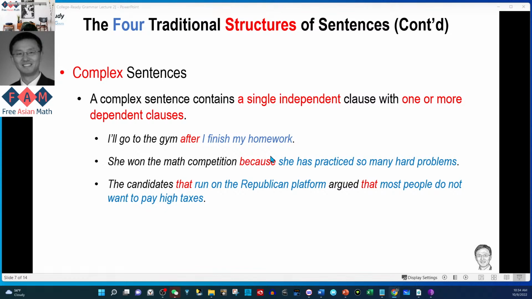This will take a lot of work to get gradually comfortable about how to quickly identify the main part and the less important part: the main clause, the independent clause, and then the dependent clauses, and all kinds of different dependent clauses, which we will study later.